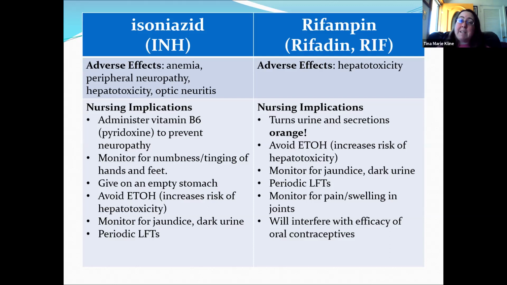So they can be toxic to the liver. So if you kind of take a step back and think back to unit 4, okay, liver, what's going on with the liver? If the liver is not functioning properly because it's becoming damaged from these medications, your patient's going to have issues with metabolizing waste products in the blood, okay?